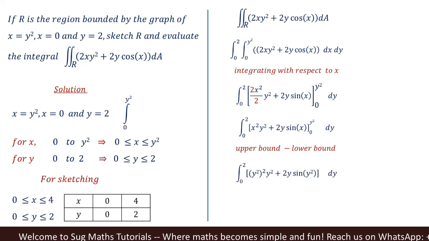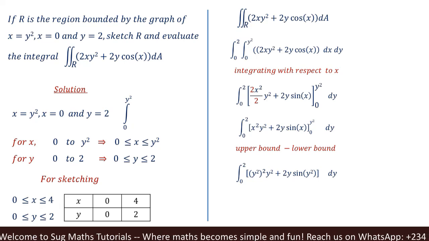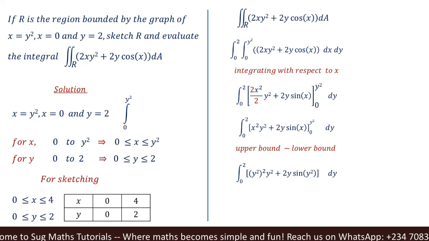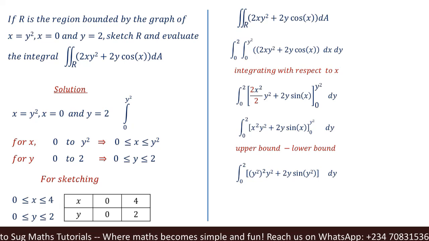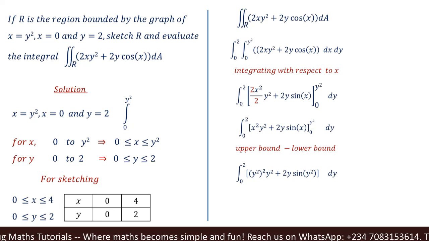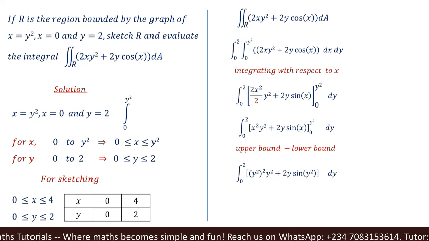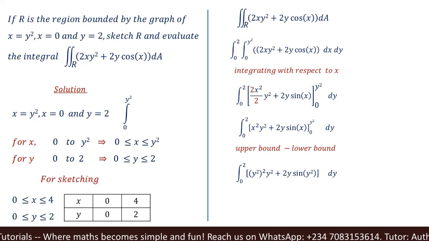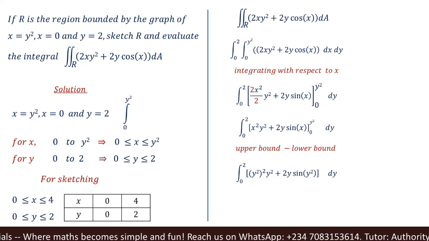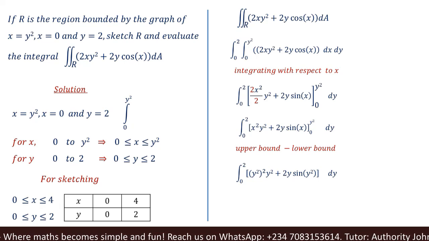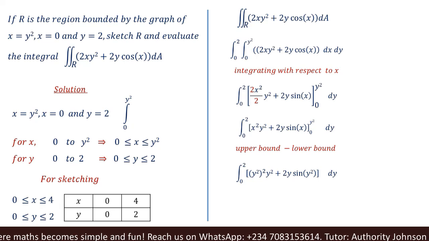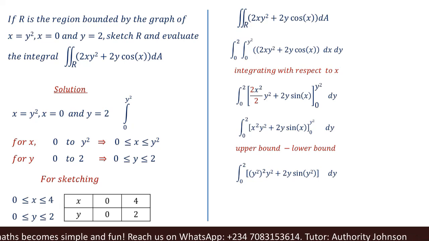In place of x, we replace x with y squared. So we are going to have y squared in bracket squared multiplied by y squared plus 2y sine x. In place of x, we have y squared. So here that we have y squared squared, the squared we multiply is going to give us 4.